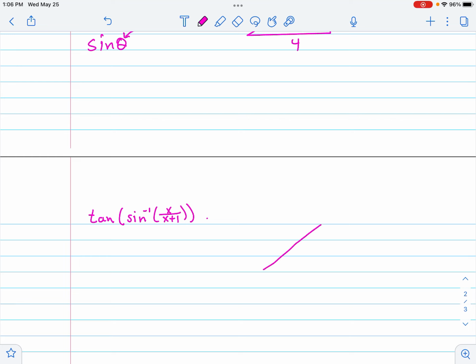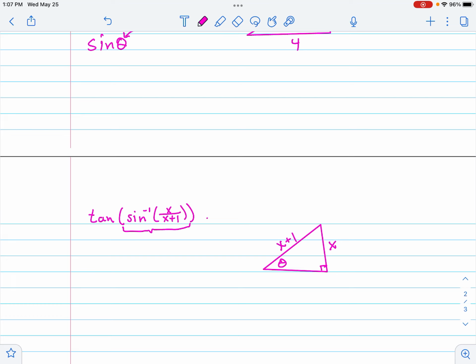So we have a triangle. I'm going to make a triangle, and this angle here I'll call theta. Now the opposite over hypotenuse, there's what we have right there. And we'll pretend this is a right angle.